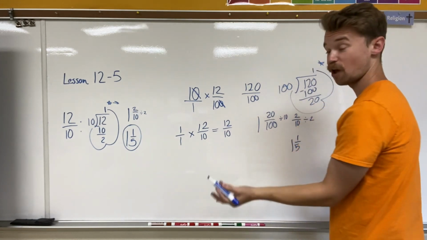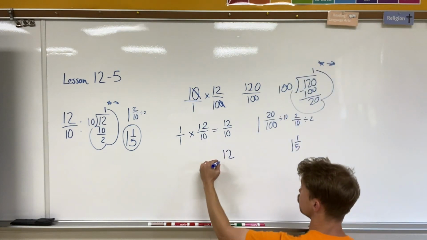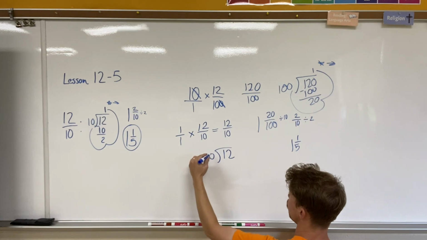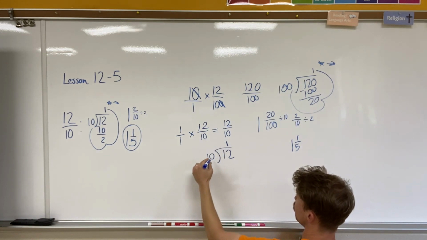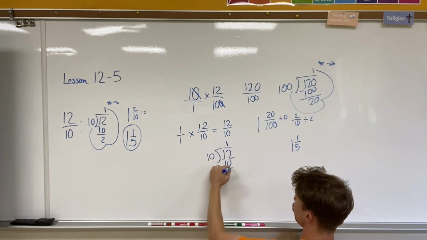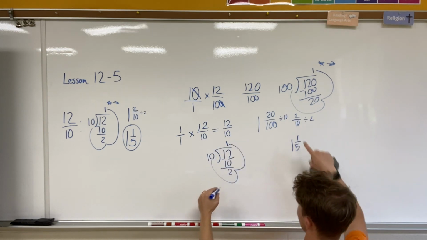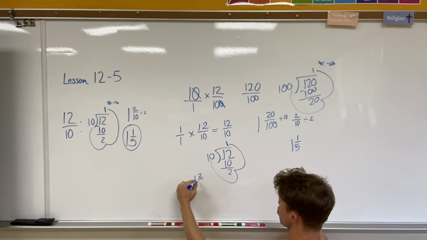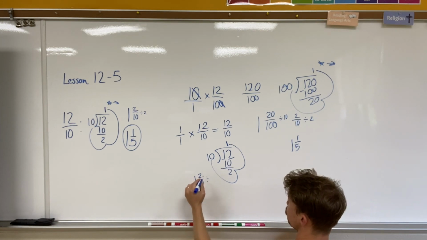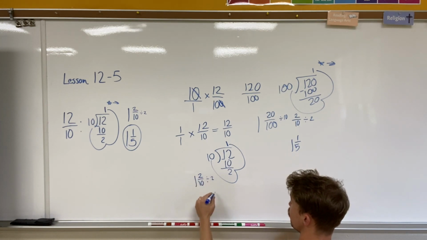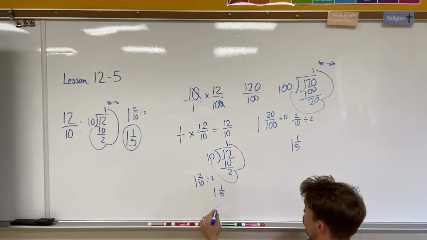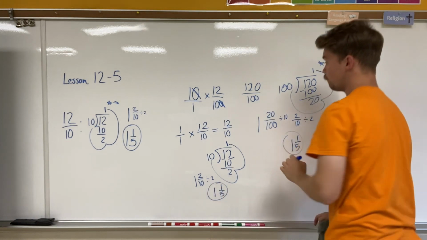I would use my long division of 12 divided by 10. 10 can go into 12 one time, which would be 10. And I would have 2 here. 1 and 2 tenths, which is what we had over here. And we would simplify by dividing by 2, since 2 tenths is an even number, to get 1 and 1/5. You can get 1 and 1/5 both ways.